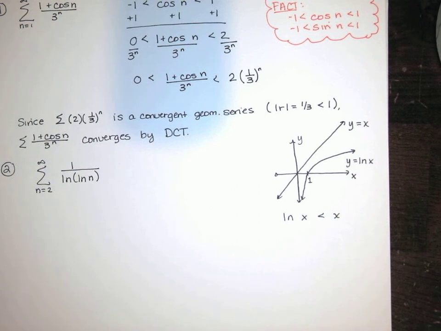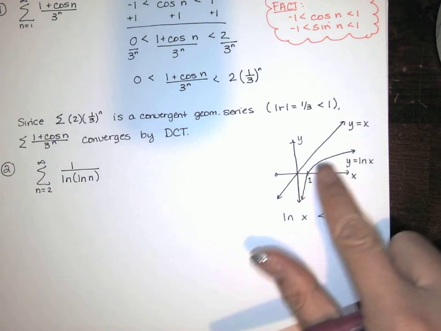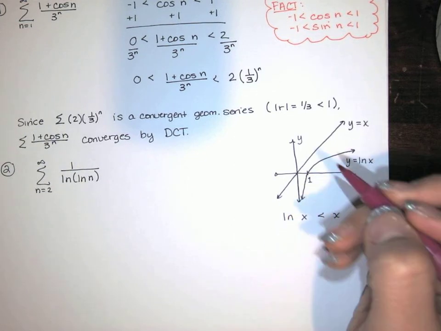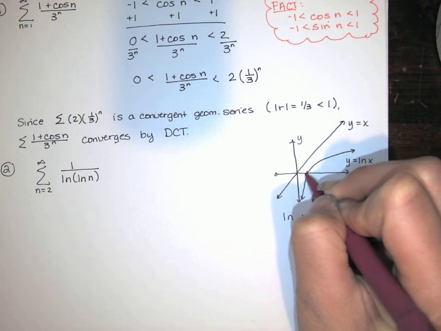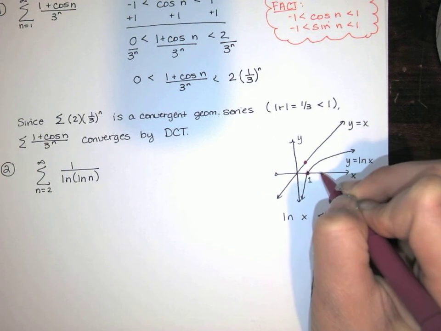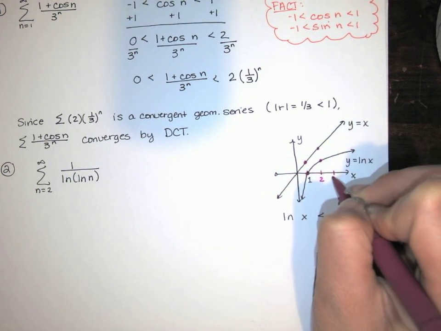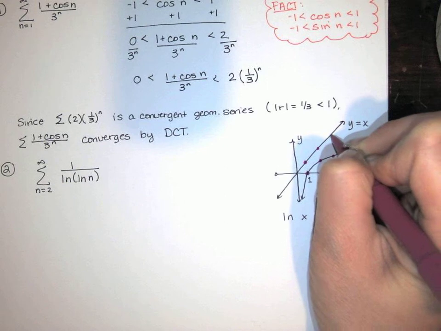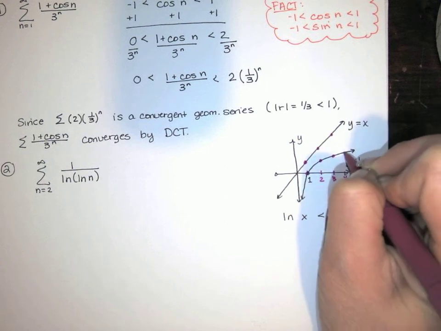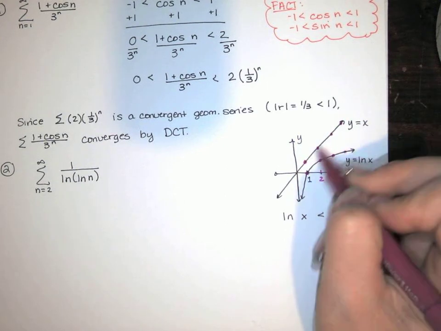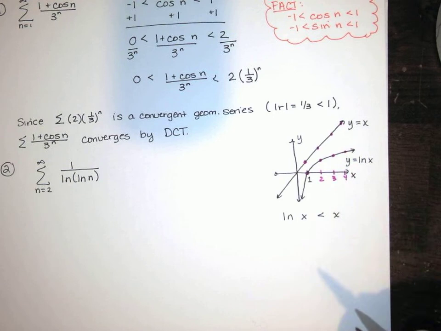Well, if that's true, if I evaluate these functions on the natural numbers, so I evaluate them at 1, and I evaluate them at 2, and I evaluate them at 3, and then 4, all of these values are going to be greater than all of these values.